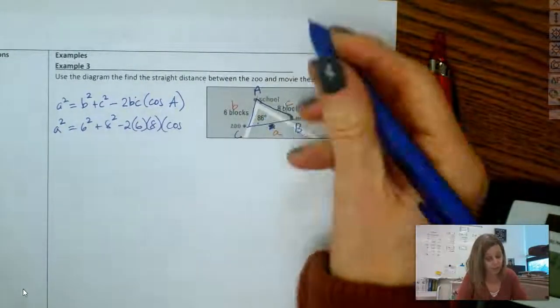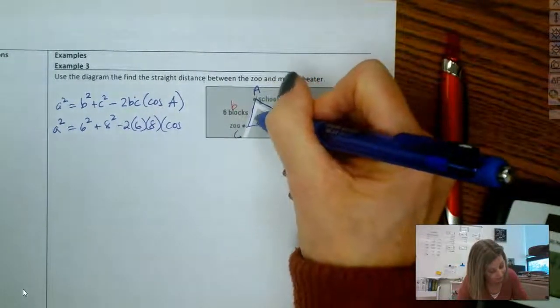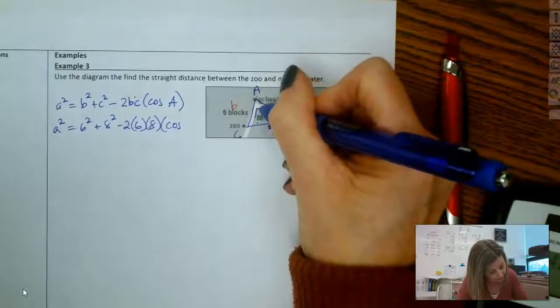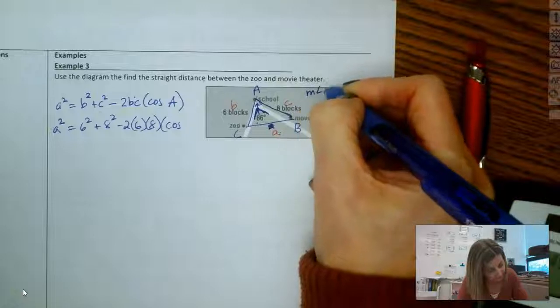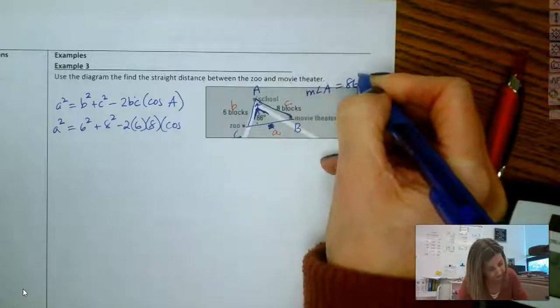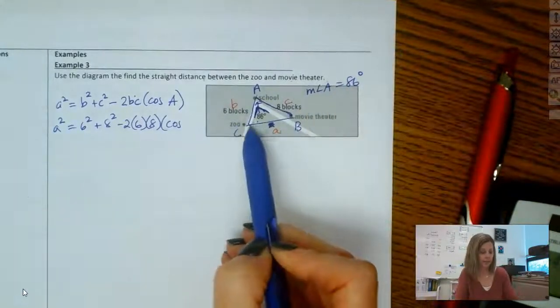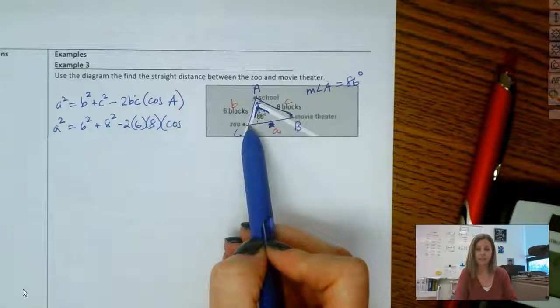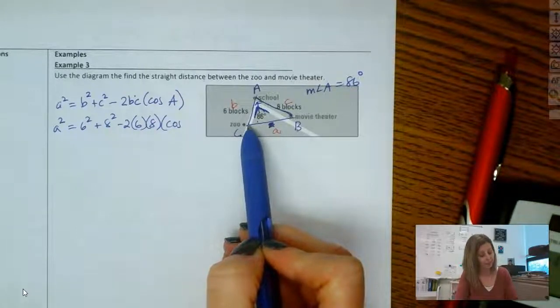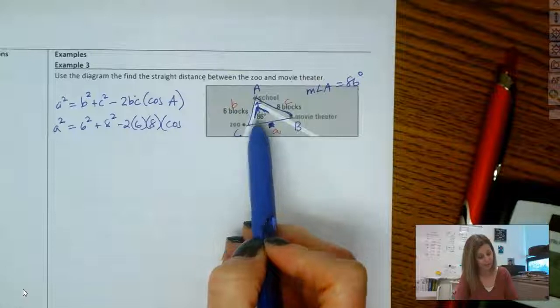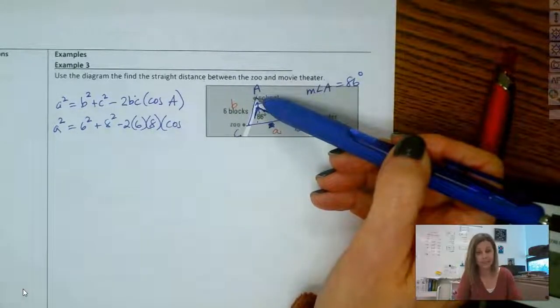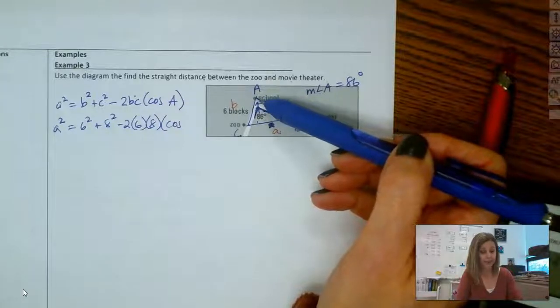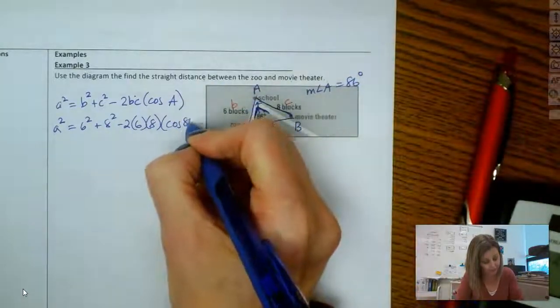The only thing we need to change, I'm sorry, I misread this from the very beginning. 86 is right here. So the measure of angle A is 86 degrees. Okay, sorry about that. I was thinking 86 was in this zoo spot. Okay, so we actually do have what we need. So everything here is fine. 86 is what I need because I was pausing because I needed something on angle A.